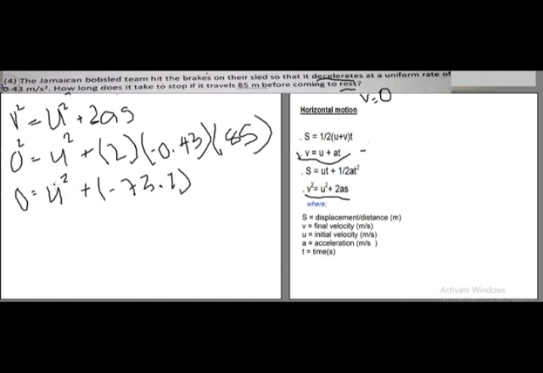Now when we bring u to the right hand side, it would be negative u squared is equal to negative 73.1. The negative values cancel off.